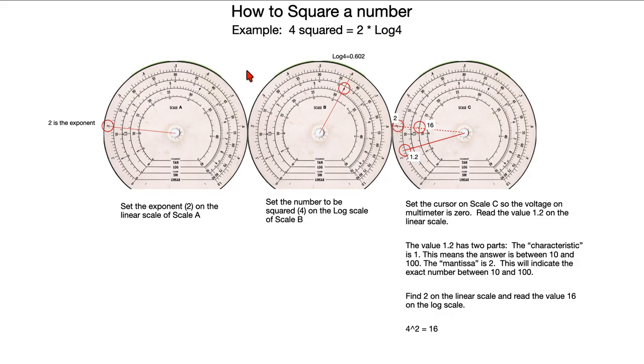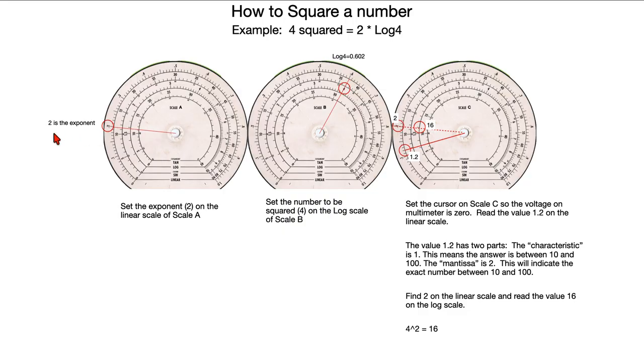So if you want to do a squaring operation, what you do is you set the exponent, in this case 2, on the linear scale of scale A, and then you set the number to be squared, in this case 4, on the log scale of scale B. All right, so here's 4 on the log scale, and notice that it points to a number that's approximately 0.6. Well, the log of 4 is 0.602. So you can see here's 4 on the log scale, and here's a number just a little bit bigger than 0.6 on the linear scale.